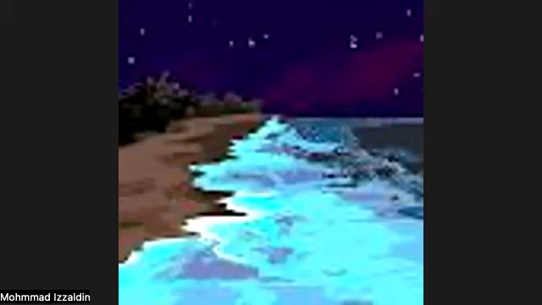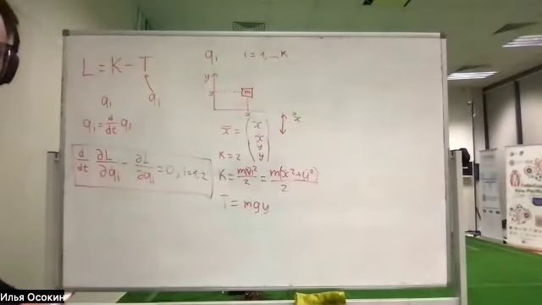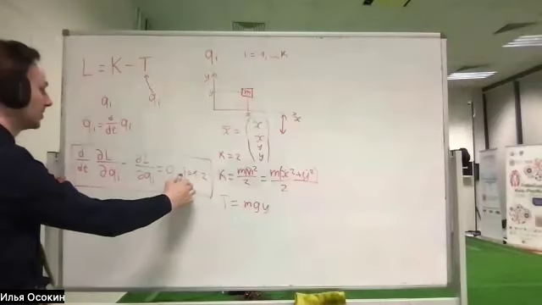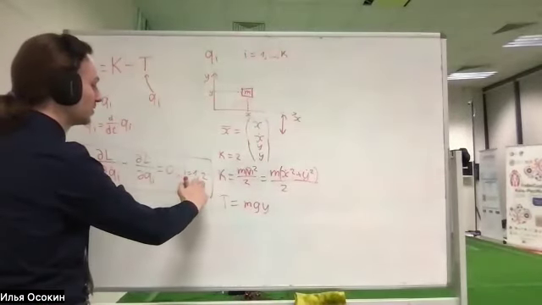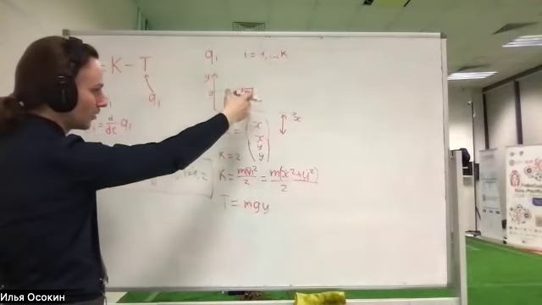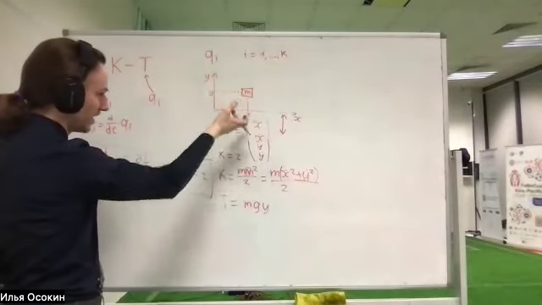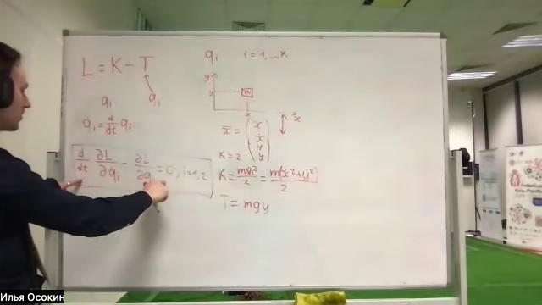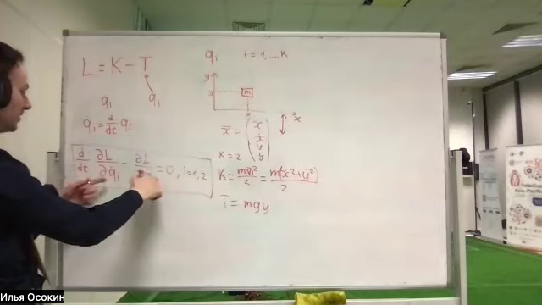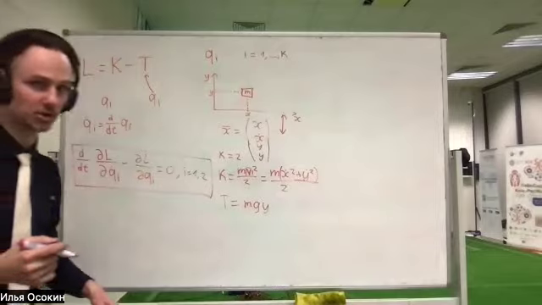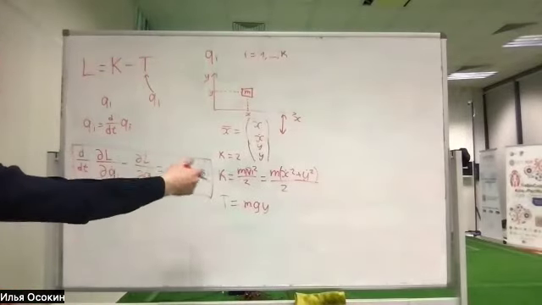So there are the so-called Euler-Lagrange equations, and we can write down such an equation for each of the generalized coordinates. For a particle, we have two generalized coordinates, x and y, and using the Euler-Lagrange equation in general form for different generalized coordinates, we can obtain the equations of motion for this object.